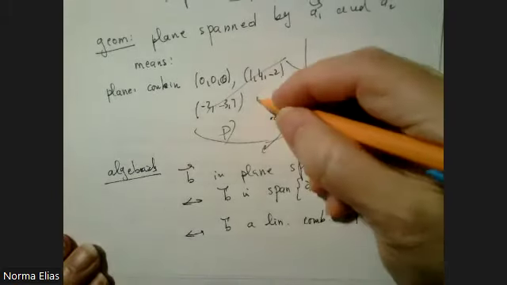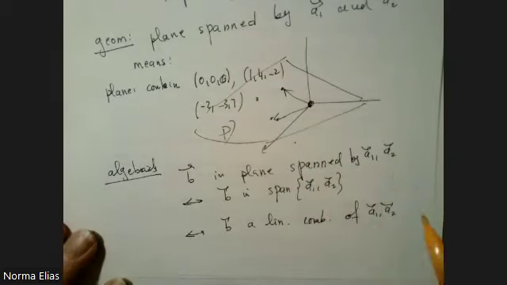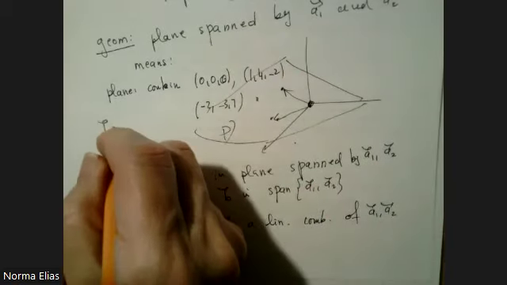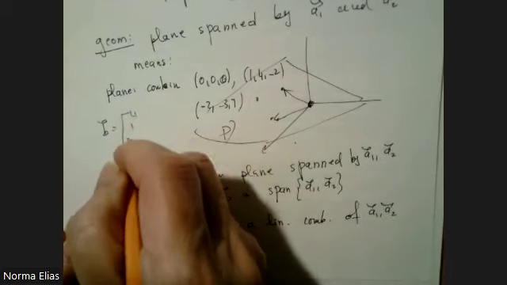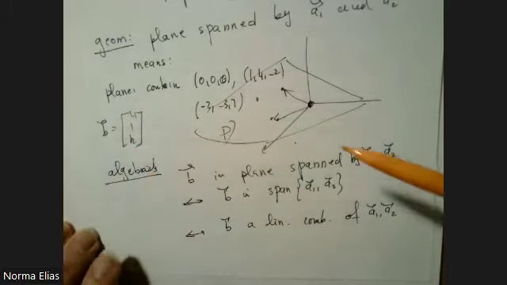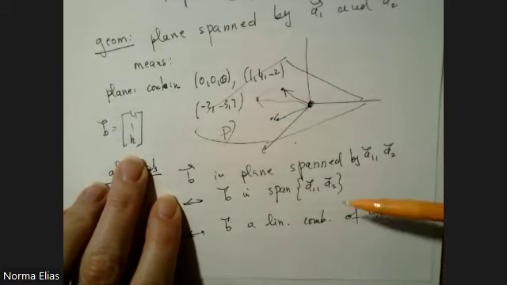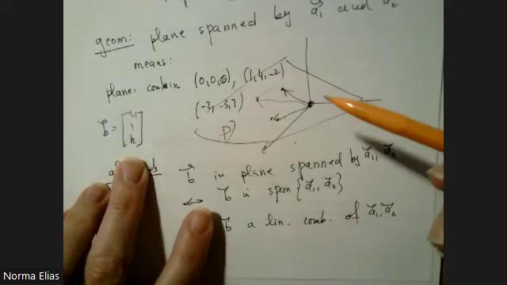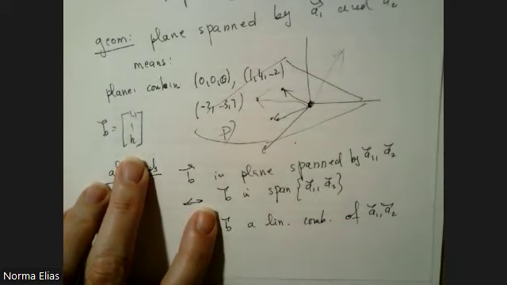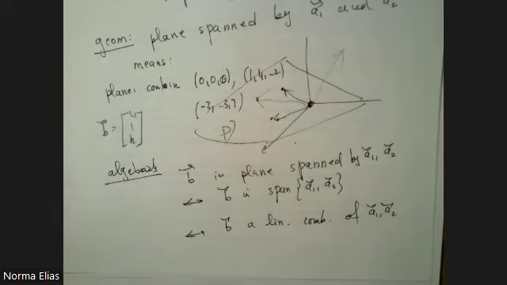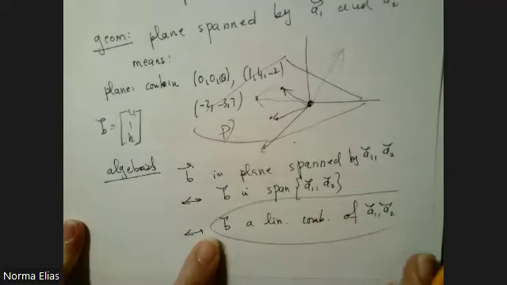So we have a vector B, and this vector B that they gave you has a parameter H. Depending on the parameter, for some H, B can reside in this plane, and for some H, B could be outside. And the question is, which H will make this vector B within the plane? So which H will make B a linear combination of A1 and A2?